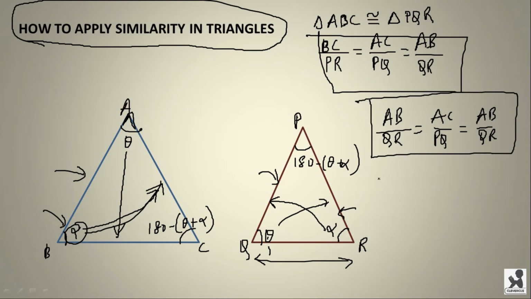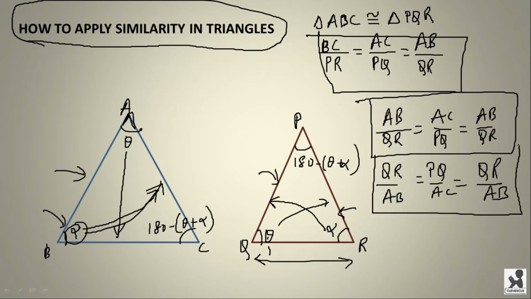This can also be written as QR by AB is equal to PQ by AC equal to QR by AB. Now these are two different triangles.